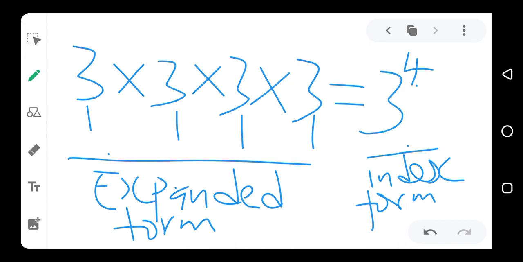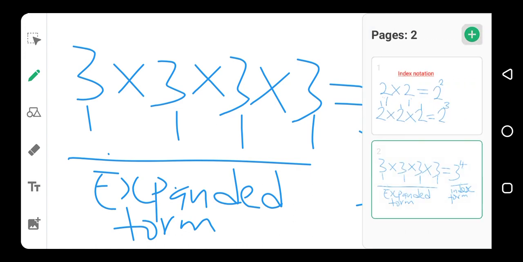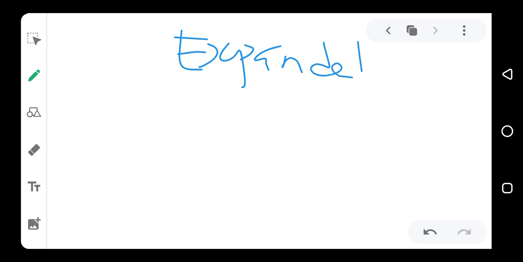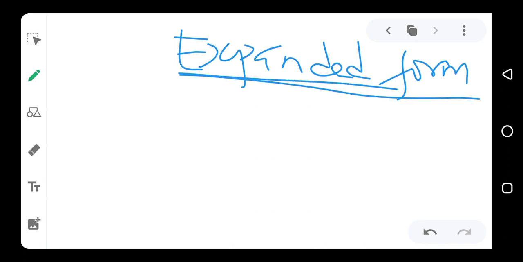Now let's work the other way around. Let's take from the index form and find it in the expanded form. Now let's assume that we have 5 raised to power 6 and we are asked to find it in the expanded form.